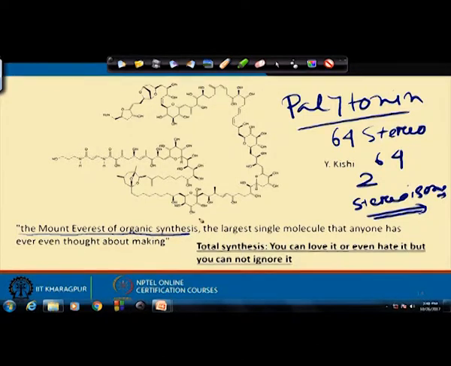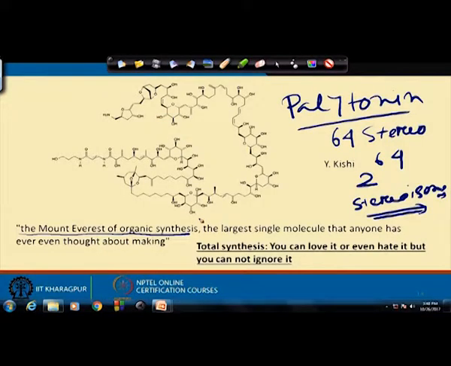This molecule took almost 20 years in Professor Kishi's lab. A number of graduate students and postdoctorals were involved to make this happen. Starting from the design, through the execution, to the final product, the whole sequence took 20 years. So, the message is you can love it or even hate it, but total synthesis or organic synthesis you cannot ignore.